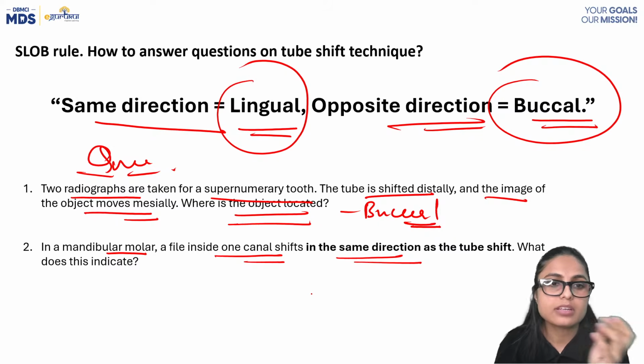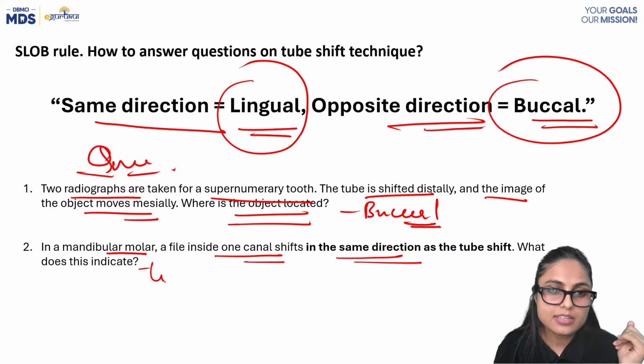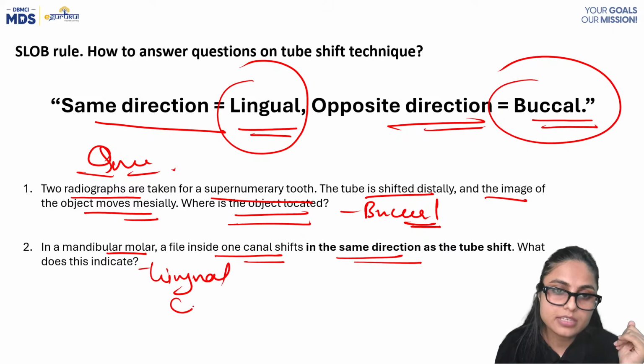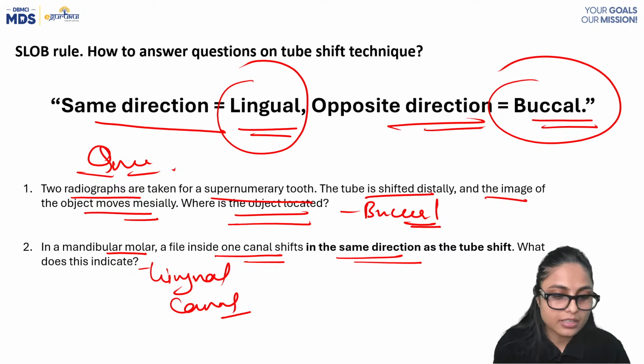Is it the buccal canal or the lingual canal? Correct. It is the lingual canal. They will not give you these questions based on SLOB directly, but they will give you such a kind of question that you need to solve.